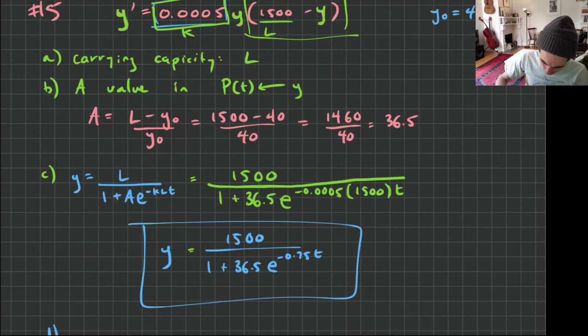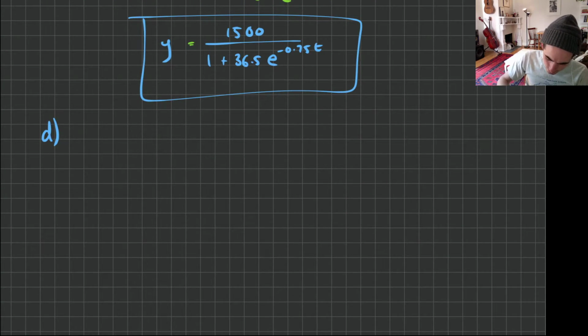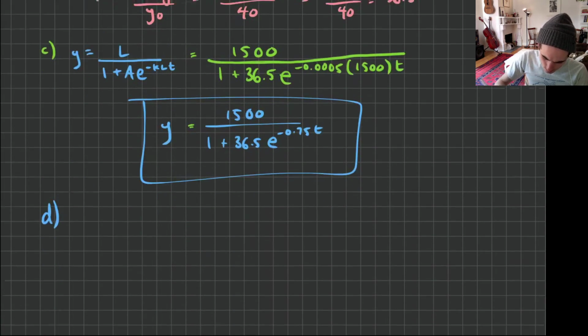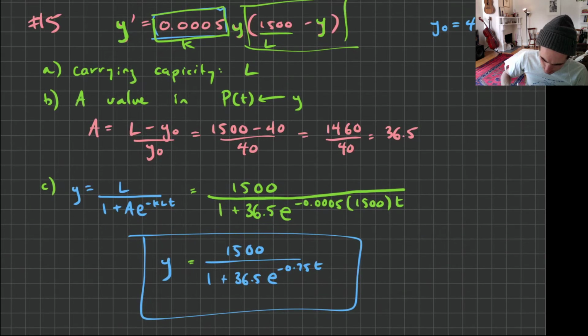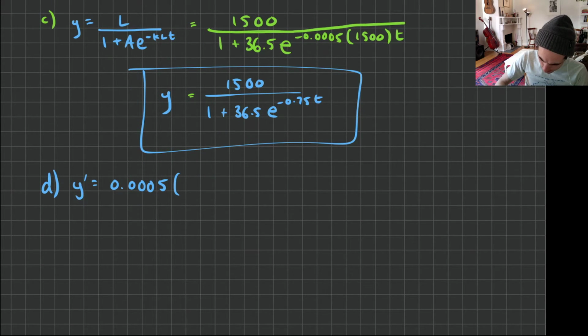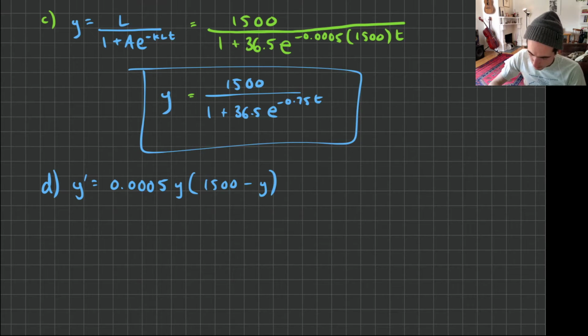What did I do here? Here we are. The original one was y prime equals 0.0005 times y times 1500 minus y. So we're going to multiply this by 1500 over 1500.